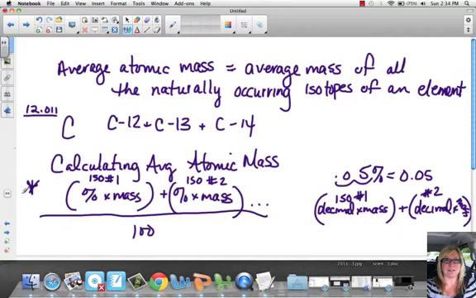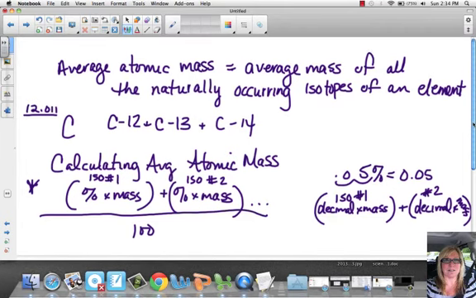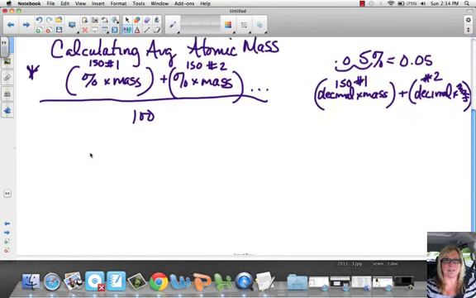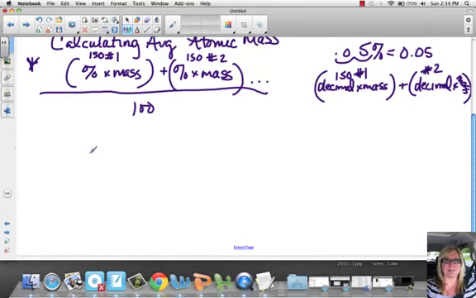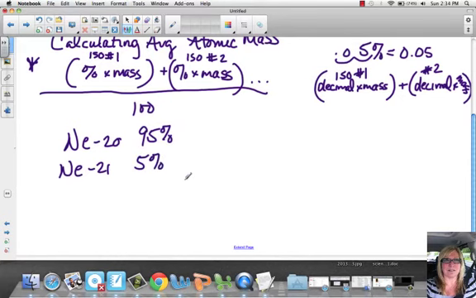So if I were to do an example of this, let's say I had 2 isotopes, neon 20, which was 95% abundant, and neon 21, which was 5% abundant.